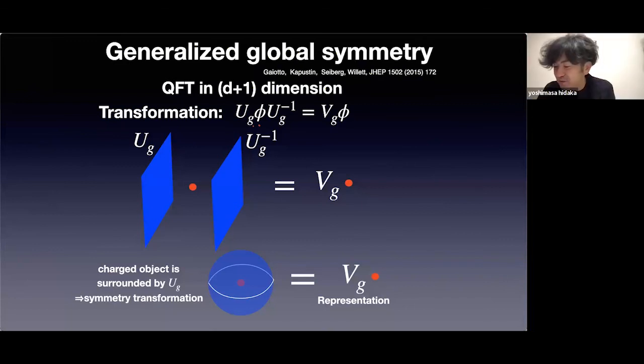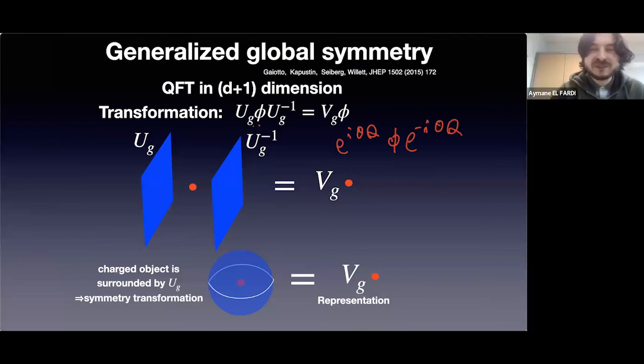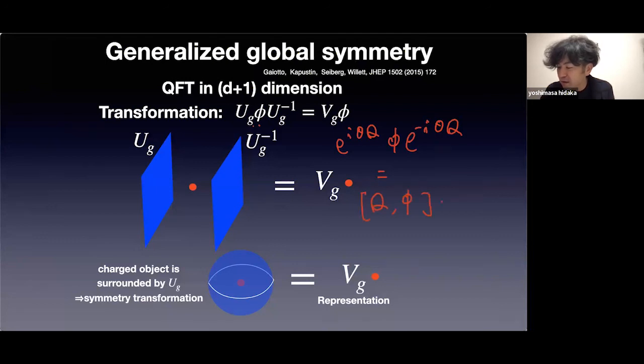Okay. Yeah, in quantum theory, the example is UG is something like U of Q and phi. Okay, sorry, so it's like a notation convention. And this can be written, and also the Q phi commutator is equal to minus i.